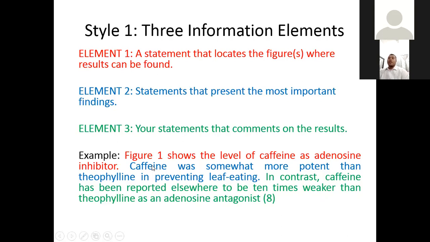So when you write the thesis, I suggest you use different colors like this one. Element 1, red color. Element 2, blue color. Element 3, green color. So element 3 basically is talking about the discussion, your findings as compared to others. That's why they have the reference like this. This is a reference.